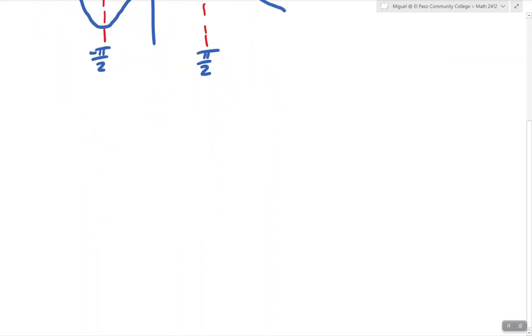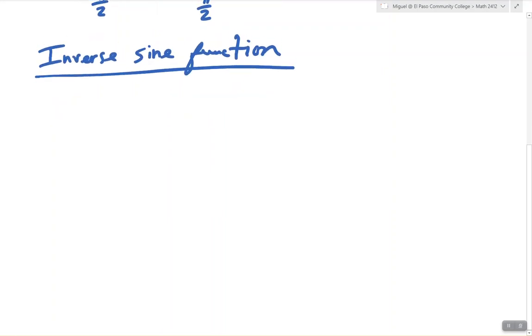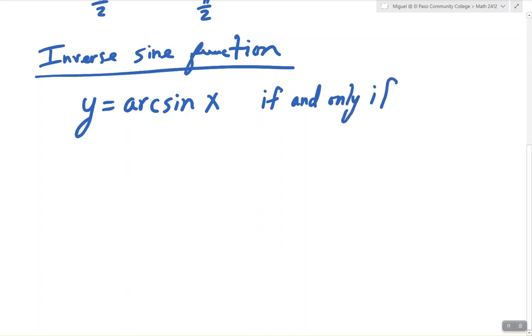Definition. Inverse sine function. We will define it as y equals arcsine of x if and only if, another way to say this is, iff with two f's, by the way, in case you run into that sometime, sine of y is equal to x.